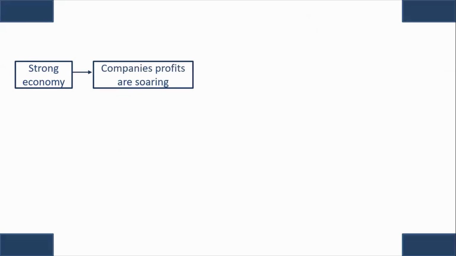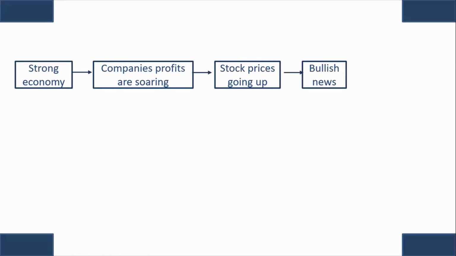So what is happening here is there is a strong economy. Companies' profits are soaring. Stock prices are going up. There is bullish news everywhere. And there is FOMO getting created by people looking at their friends, relatives, everyone making money. So that starts feeding each other basically.